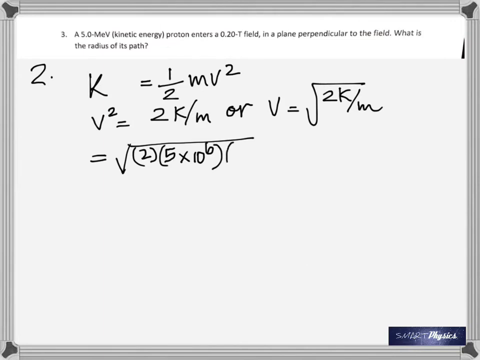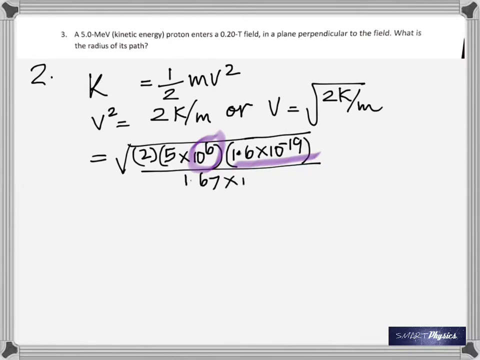So that's why you have 5 times 10 to the 6. And then to change electron volts into joules, you multiply with the charge of the electron. So first you change mega into electron volts and then change it into joules. This is the mass of the proton which will be given to you.